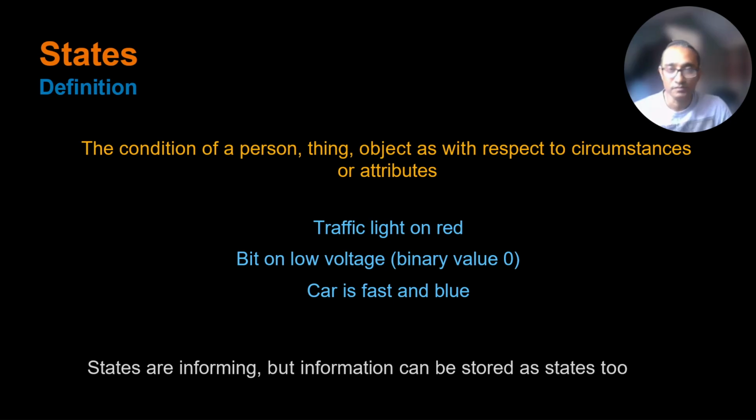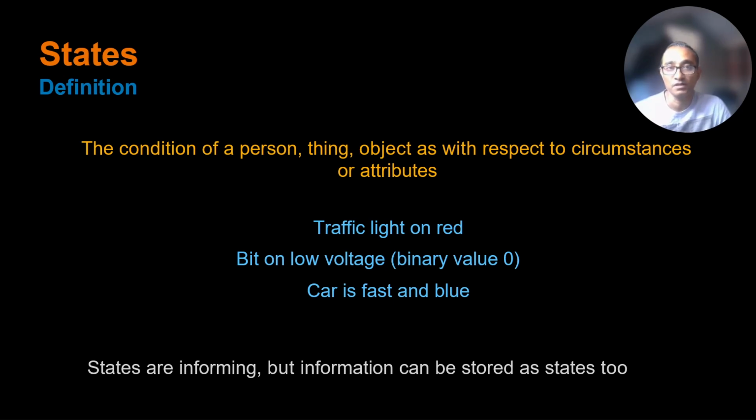To begin with, it is important to understand the concept of states and how it is related to vectors. So what is a state? A state can be defined as a condition of a person, a thing or object with respect to the circumstances or the attribute that defines it.